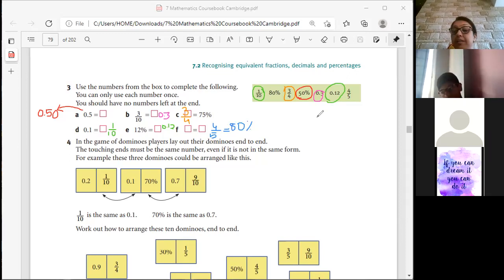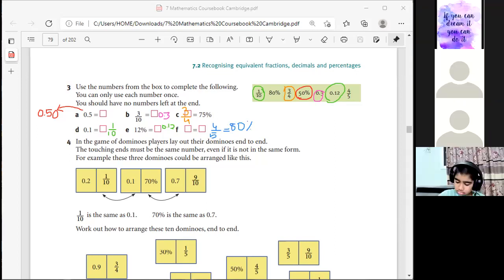Is it very clear till here? Yes. Very good. Are you all understanding it? We've done this also before.